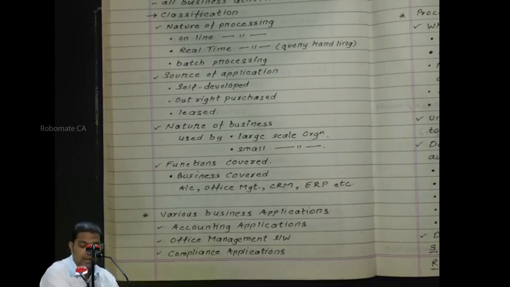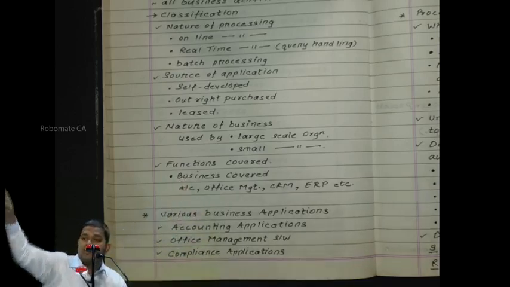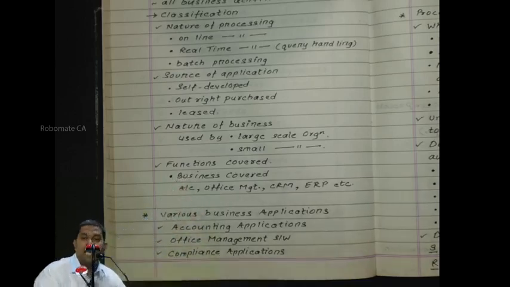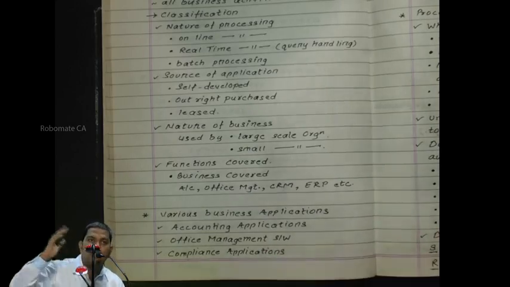Then we have something called compliance application. Gone are those days when a chartered accountant is required to go to the income tax office, sales tax office, service tax office and file the papers over there. Now everything is done online. That means you have software ready which will put all your data in the right manner, and online it will be sent to the authorities.